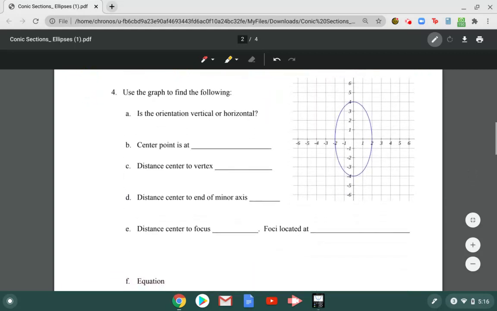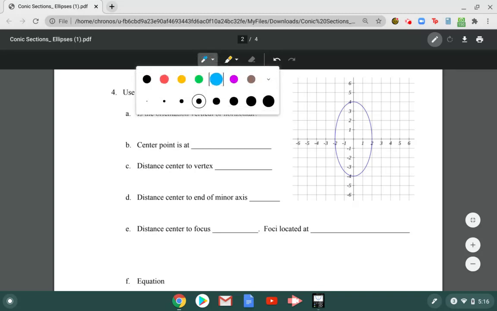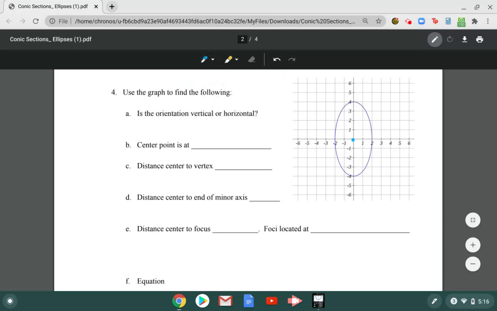For this one, we're given the ellipse, and we want to come back and get to all the properties from that given graph. I'm going to start with the center and orientation. I can see that my major axis is vertical, so this one has vertical orientation. I can already label my center and my vertices. The center point is, again, at the origin, which makes it really nice.